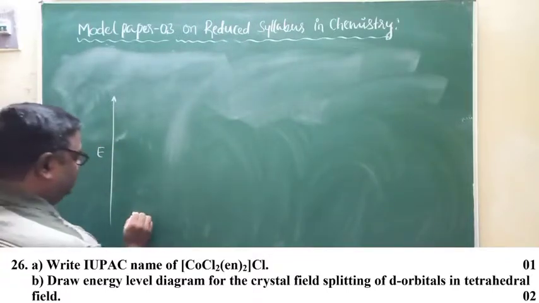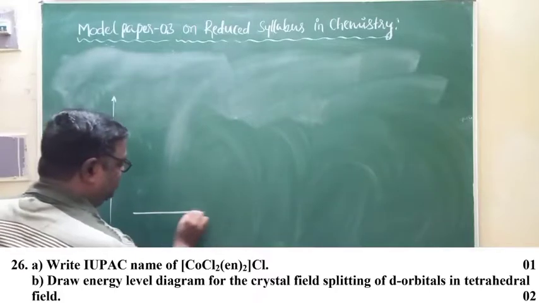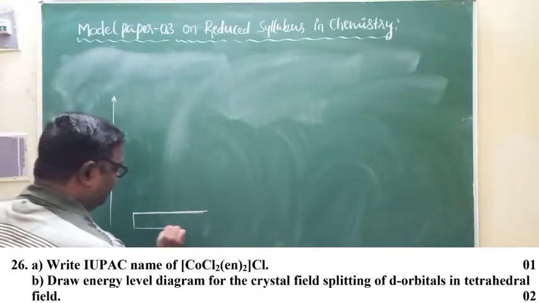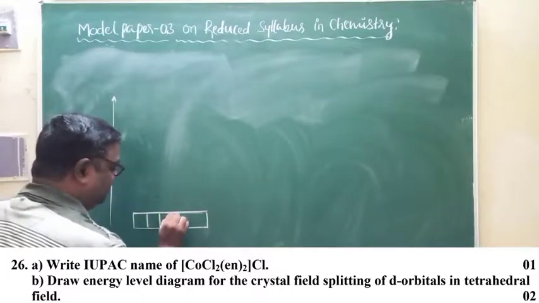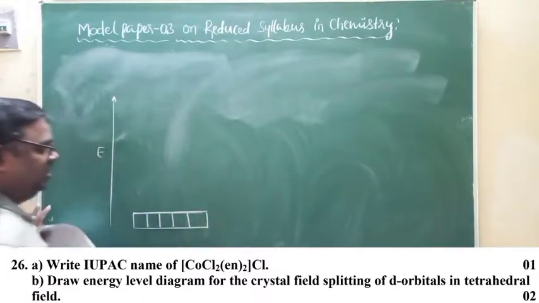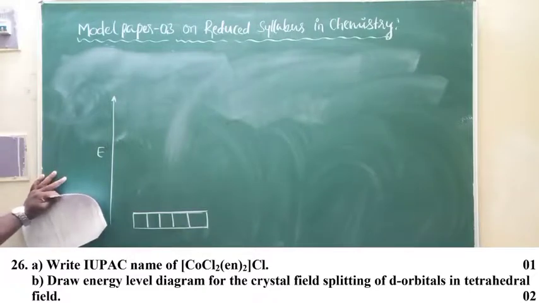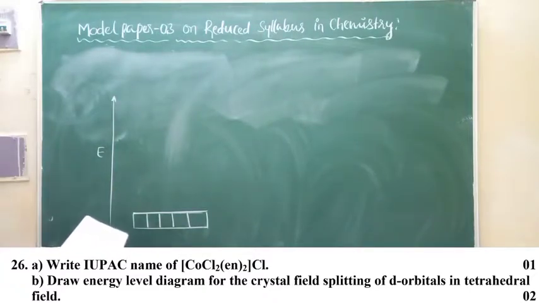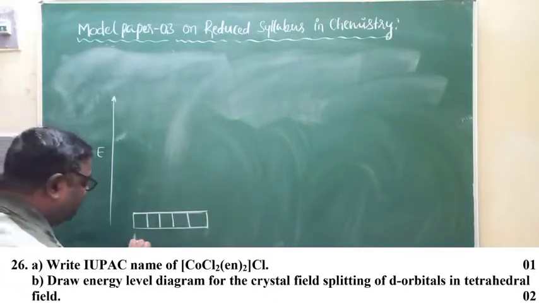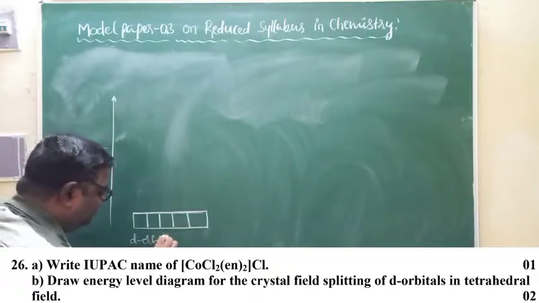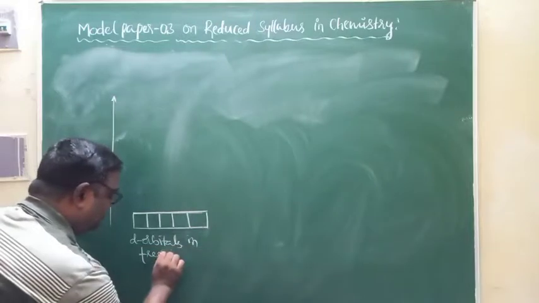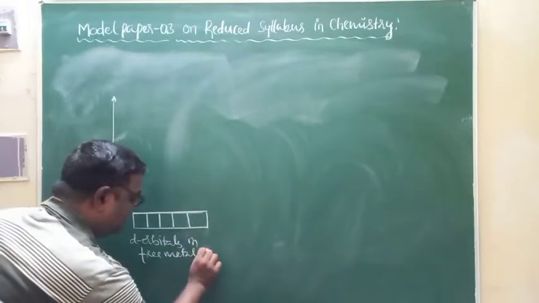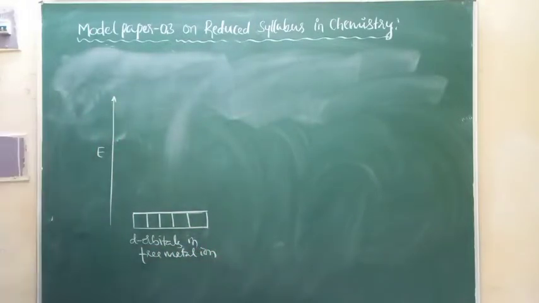You know, we have 5 d orbitals. In the isolated metal ion, all the d orbitals are characterized by very low energy. This is d orbitals in the free metal ion or free metal atom in ground state.